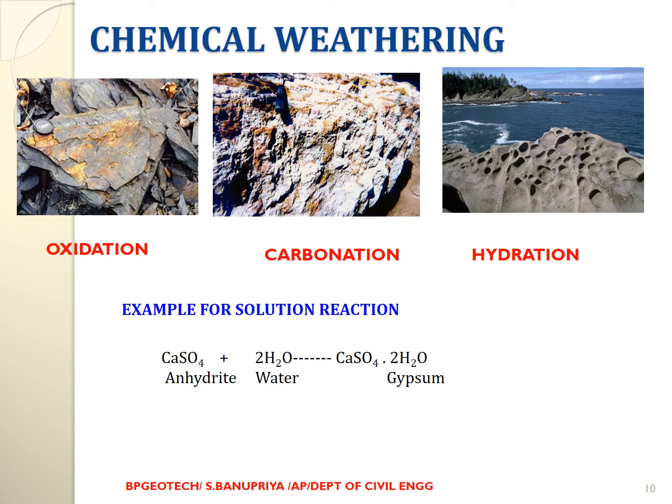Once it changes into gypsum, it loses its intact property and we can easily break the rock into smaller pieces. So due to chemical reactions between the rock and any other external agency, the rock loses its property and can be broken easily. Those weathering processes are known as chemical weathering.